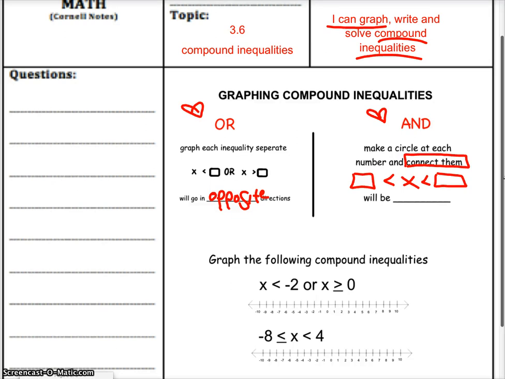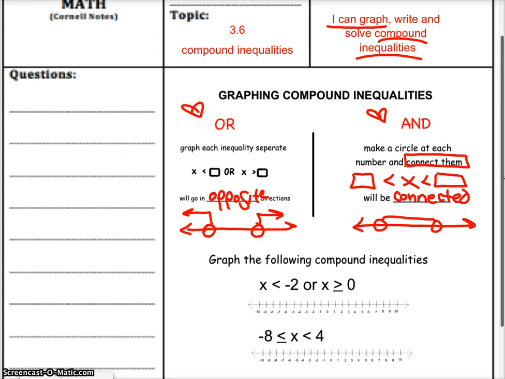Let's just draw on a rough number line what an or is going to look like. We'll go opposite. An and on a number line will be connected. Or's opposite, and and is connected.